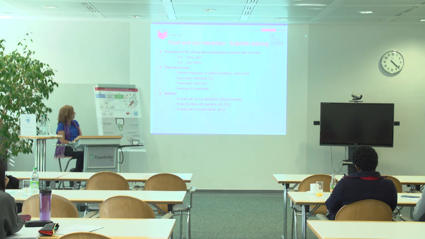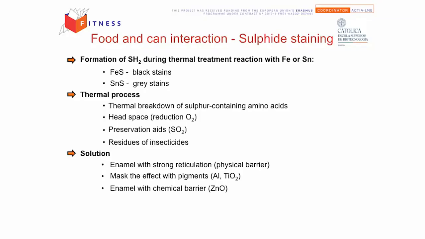Okay, these are not toxic things, but I'm sure the consumer is not prepared to see these stain spots inside the can. So they are avoided, and there are a number of approaches, namely on the coatings, to prevent the consumer from seeing those stains.